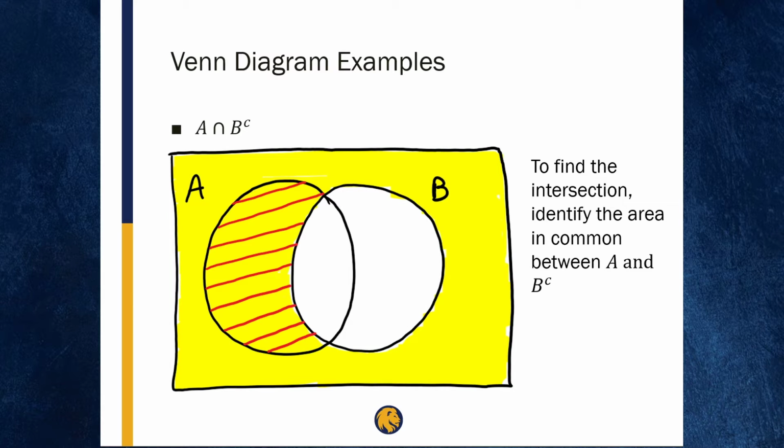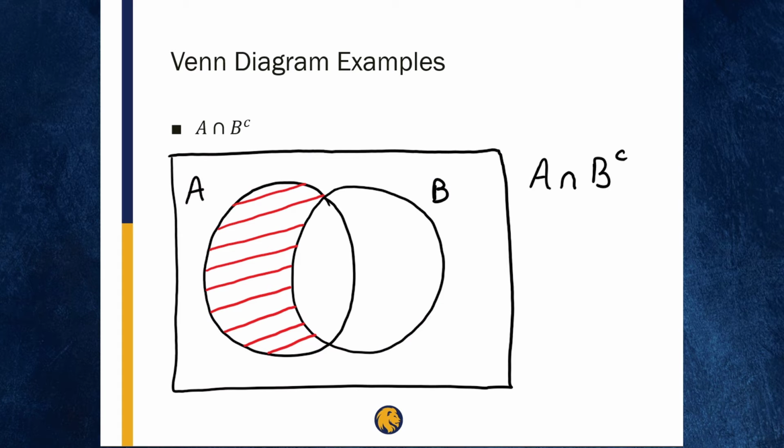And then we define the intersection with A. We'll identify the area in common between A and the complement of B. So only this part here that I've drawn lines across represents the area that A intersects with the complement of B. So that's what we would draw to show the area in the Venn diagram for A intersect B complement. Everything outside of B that's intersecting or overlapping with the set A.